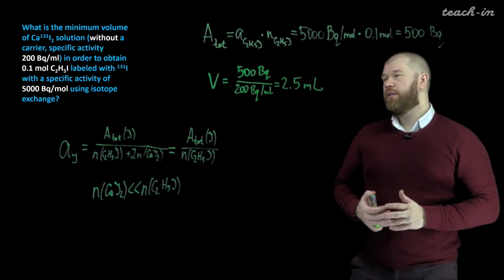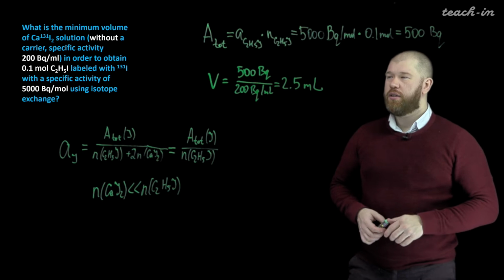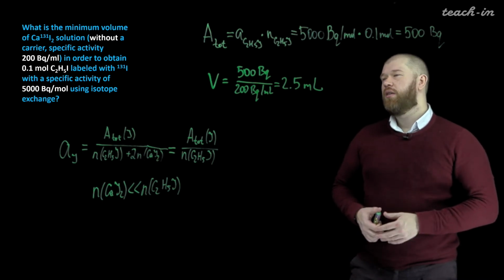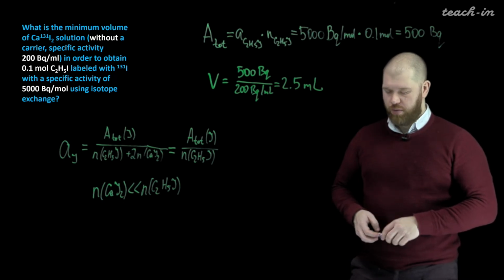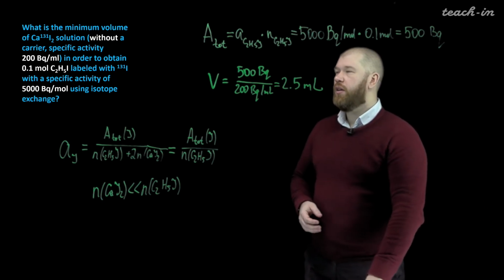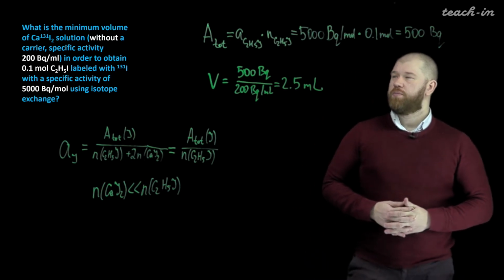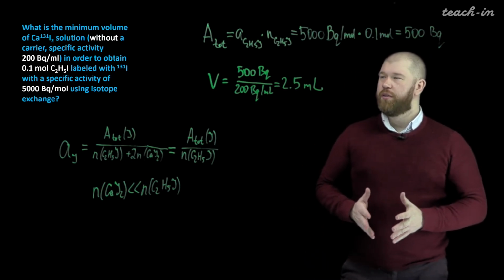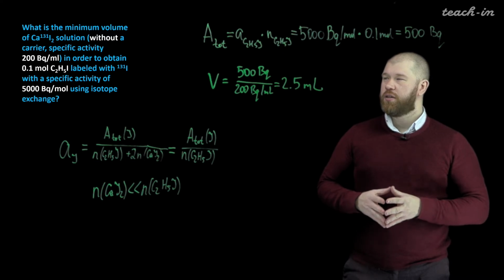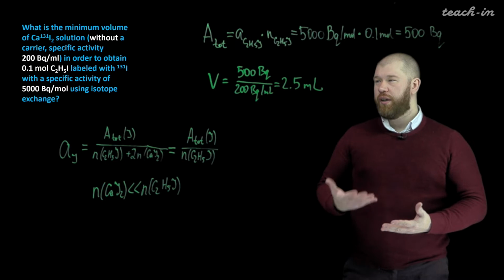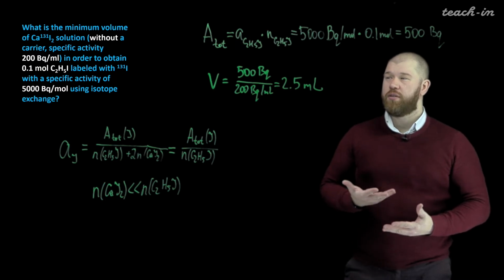So again, if there is no carrier inside our system and in the aqueous solution, then the task is solved quite simply and very fast. Again, you can see that it is quite an efficient way to produce the labeled organic compound.